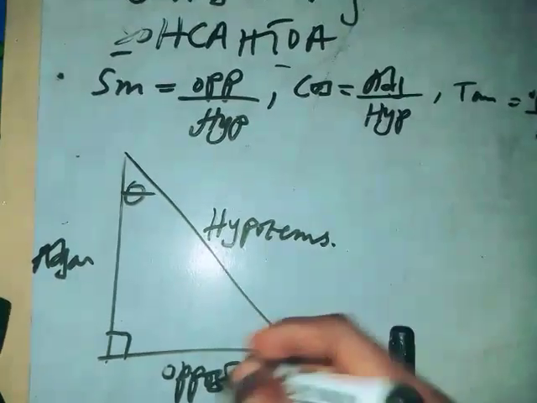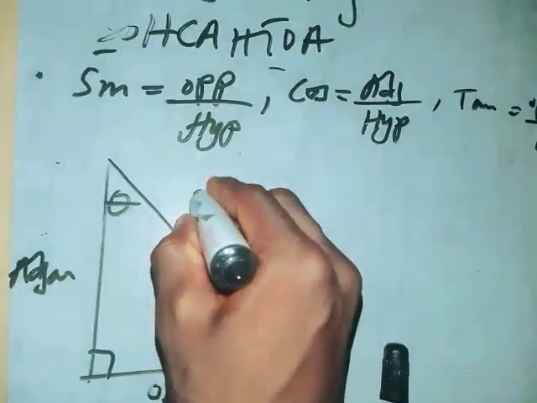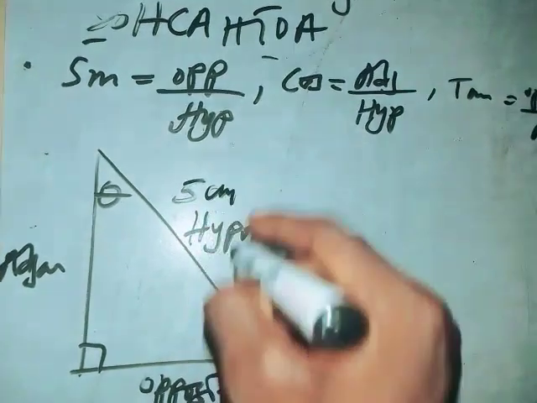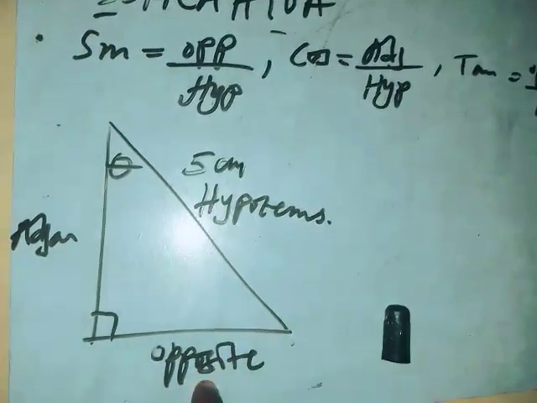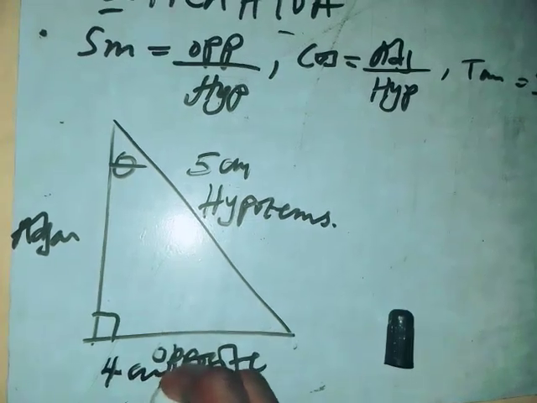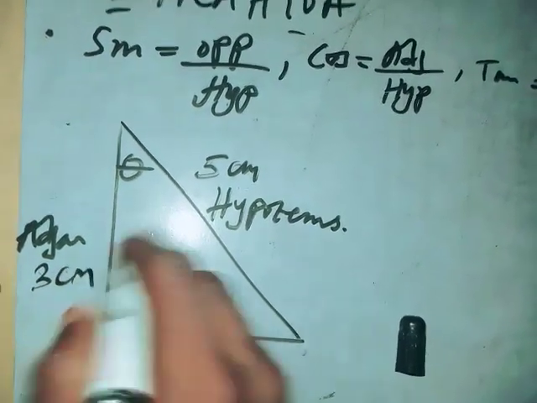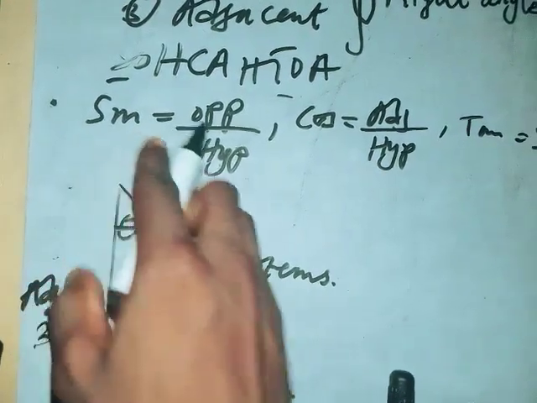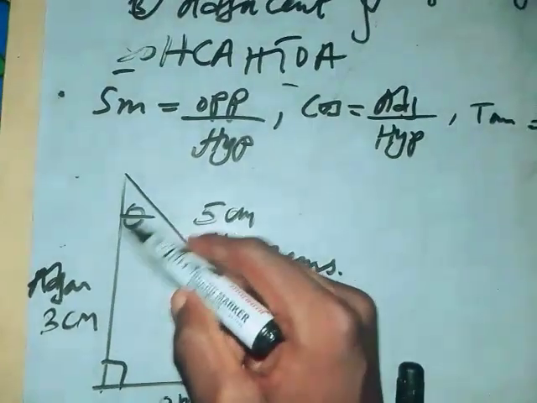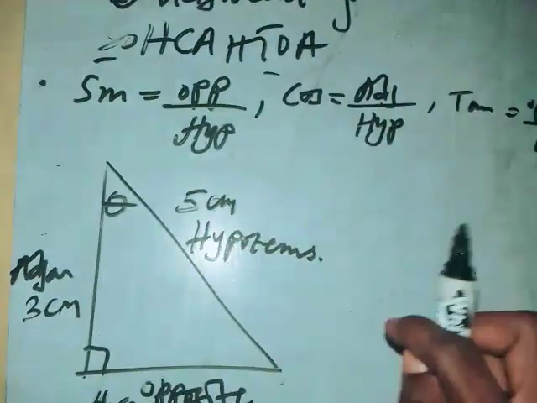Okay, now let's assume this hypotenuse is 5 centimeters, the opposite is 4 centimeters, and the adjacent is given as 3 centimeters. And if I ask you to find the angle of this, how will you find it?